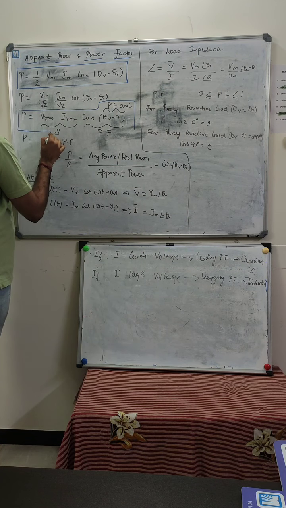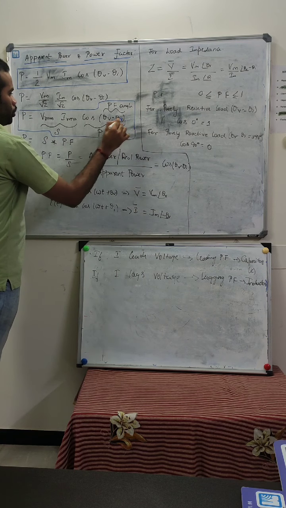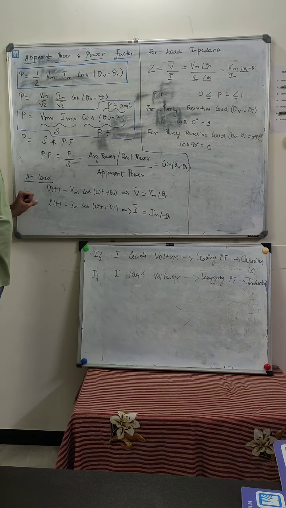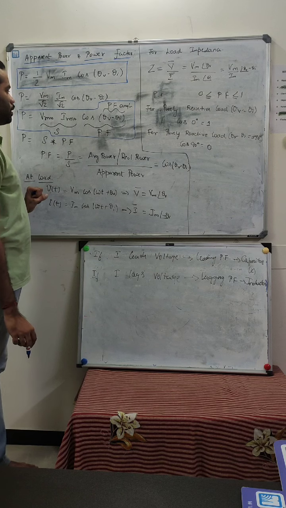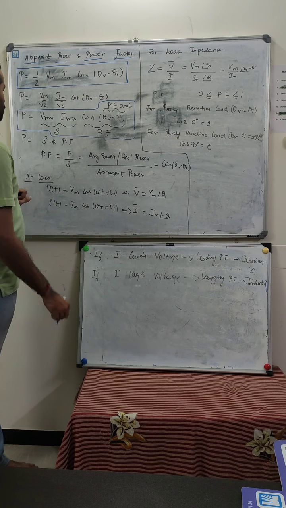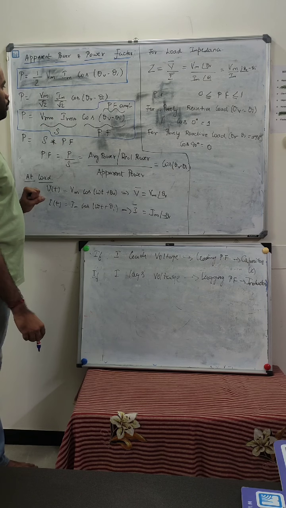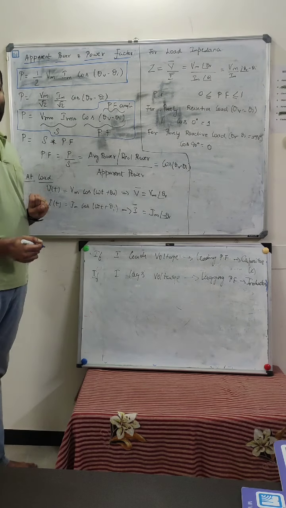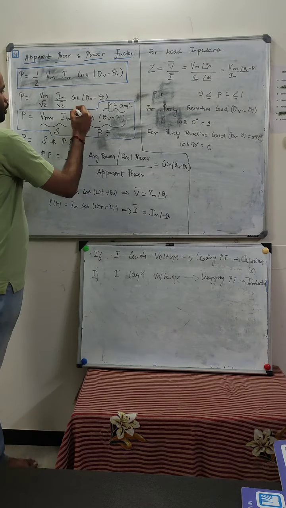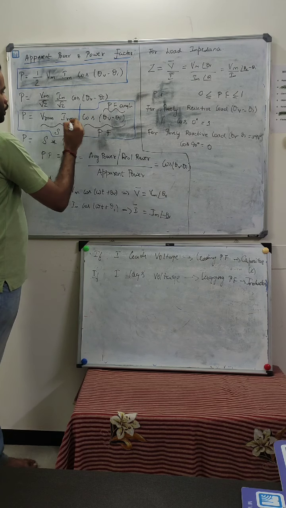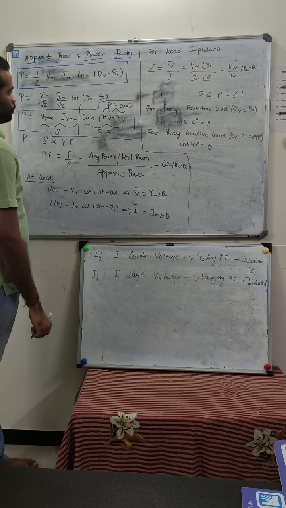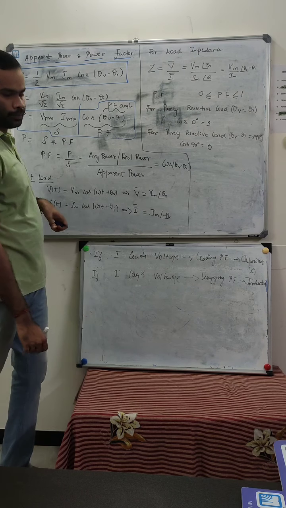the average power is generally mentioned in terms of RMS voltage as well as RMS current. Okay, so here I have represented it in terms of RMS, where I am just going to bifurcate it into two parts. One is related to the power, and the other is related to the power factor.